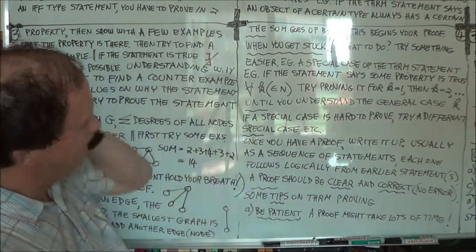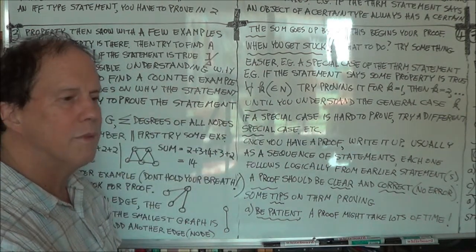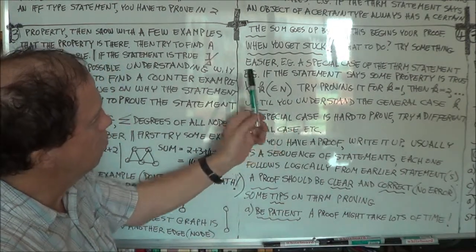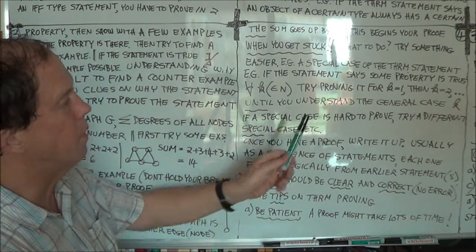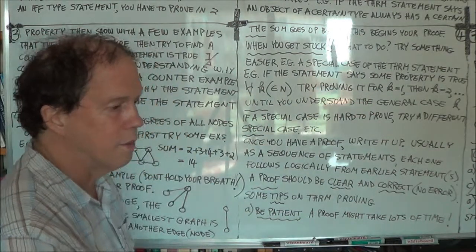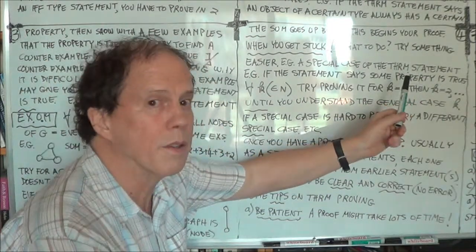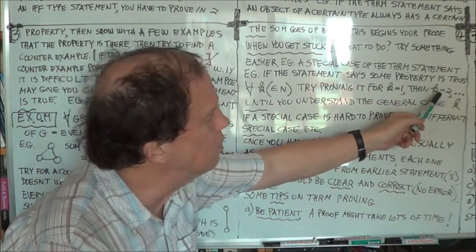Okay. Well, and you're stuck on how to prove it in general. Well, simplify the problem, and try proving it for a special case. For example, when k is 1. That might simplify the statement, the property a lot. And then if you can prove that, well, then try maybe for k is 2, and so on.